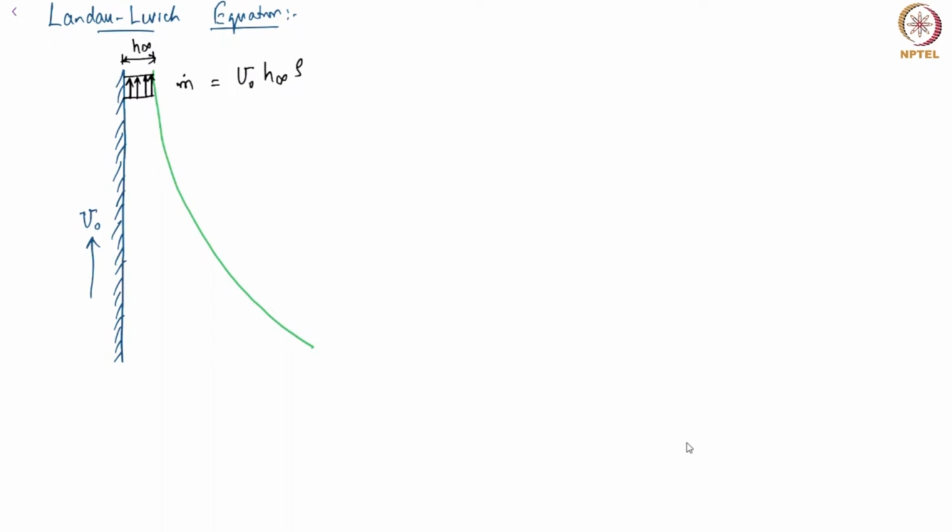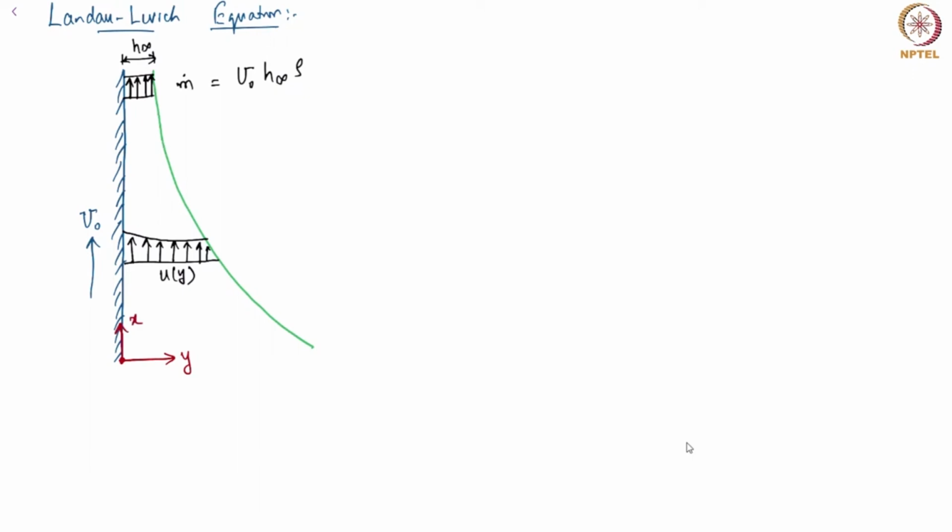But if I'm somewhere away in the dynamic meniscus, then I can have a velocity profile which is varying with distance away from the wall. In this case, the velocity profile would be something like u of y. Okay, if you remember, we've said that my coordinate system is y perpendicular to the plate, x along the plate.